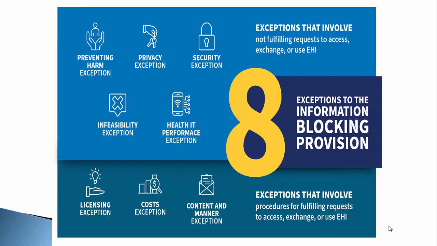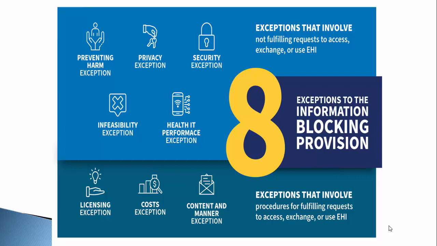We believe it'll cause our IT to have problems, slow down, not be able to perform. We think it's infeasible for us to give you the information. We don't have it in a way we can give it to you. There's a licensing exception, a cost exception, and a content and manner exception, where we don't know how to give the information back to the patient in a format they're asking for.